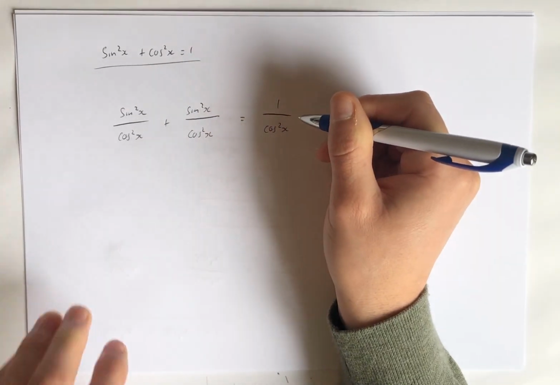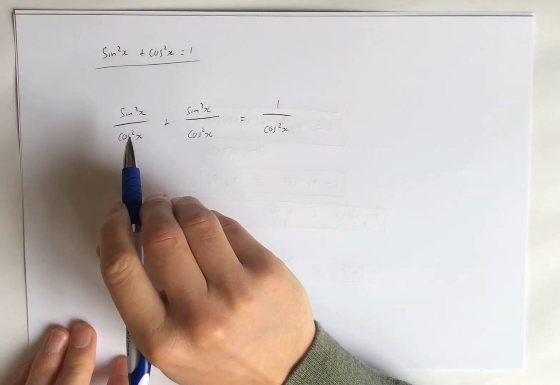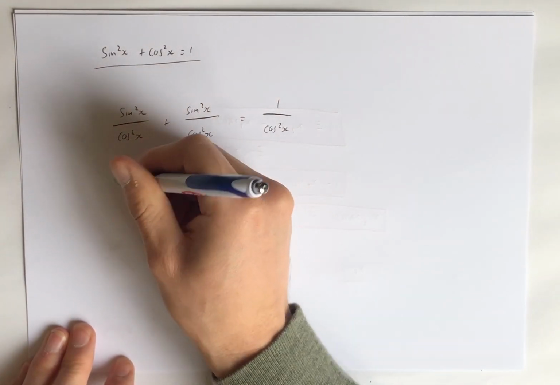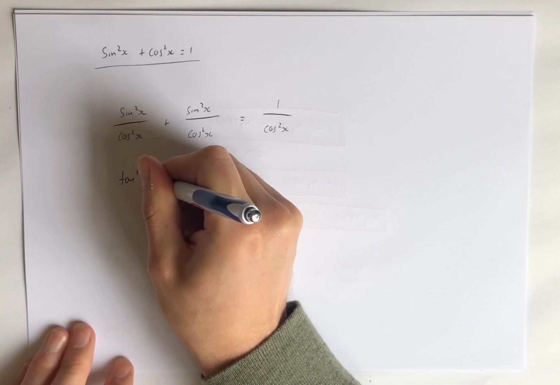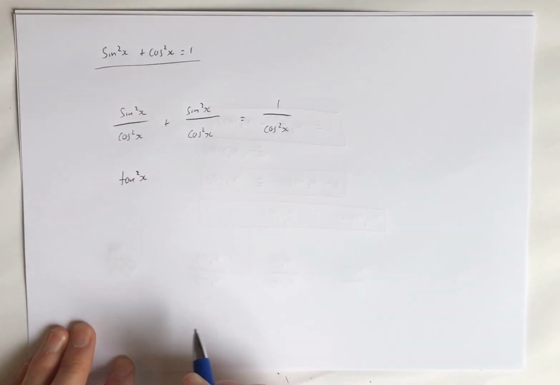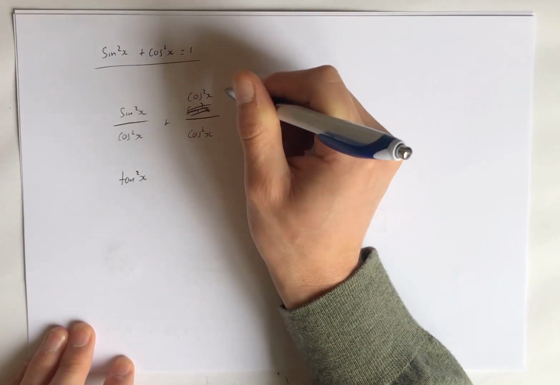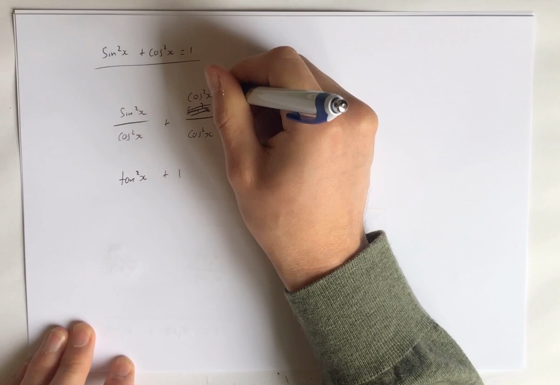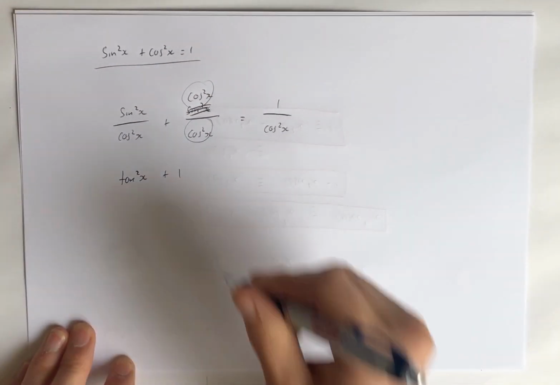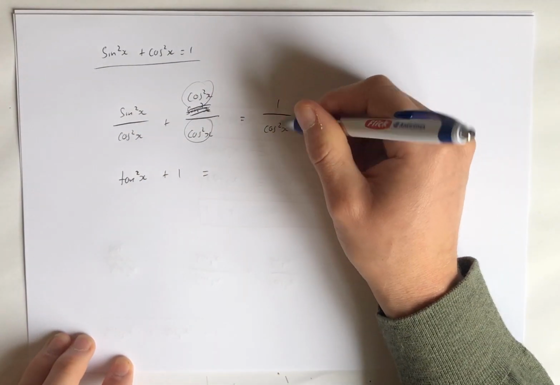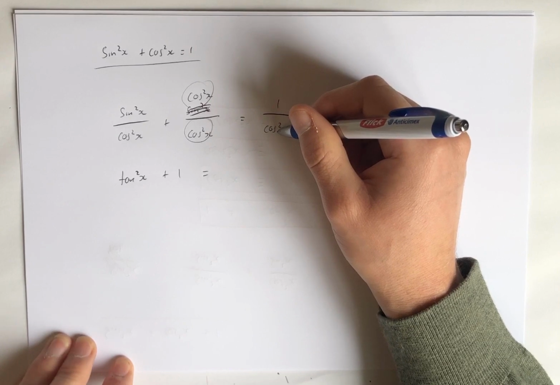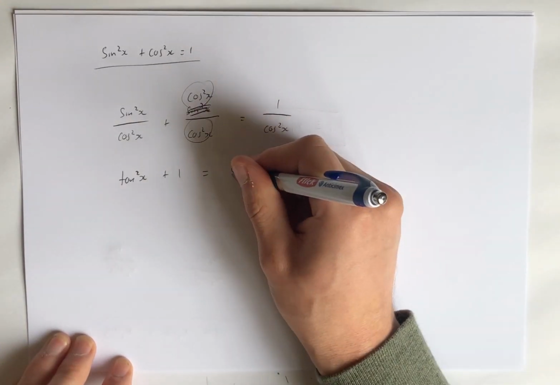So I'm just dividing everything by cosine squared this time. Well, sine over cosine, well, that's tan, isn't it? So it's going to be tan squared. Oh, I realised that was meant to be cosine squared, isn't it? Plus 1, because that's something divided by itself, equals, what's the reciprocal of cosine? Sec.